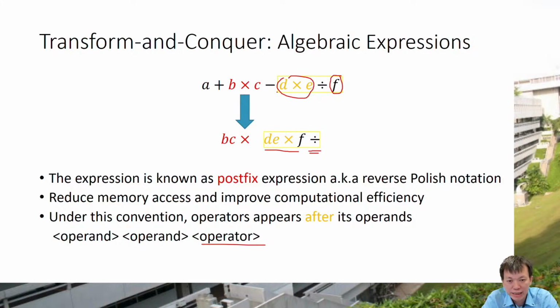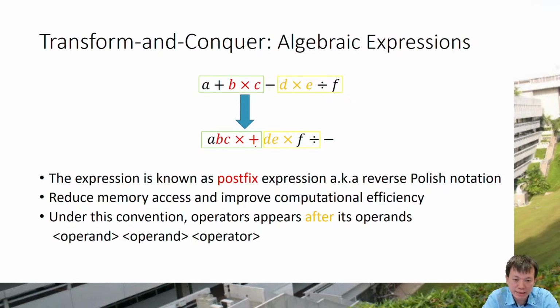Then similarly, A plus B times C will become A B C times plus, the addition. Then minus will be put at the back. Yeah. So this is what I need to do.